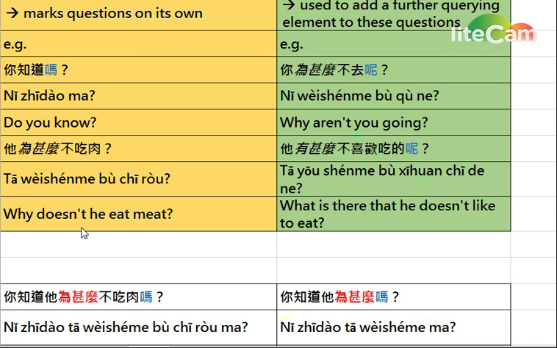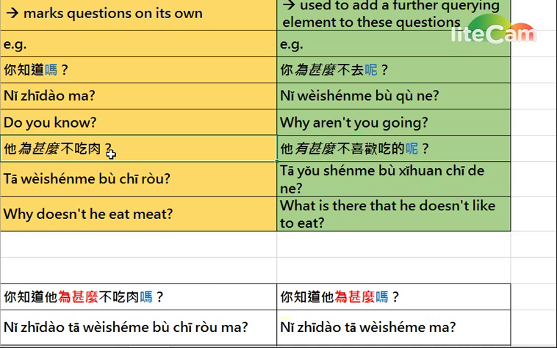And for the particle ma, on the other hand, it can't combine directly with other question words in a statement. If there is already a question word, it fills up the question slot and there's no more space for the particle ma. Just like the example we mentioned before.